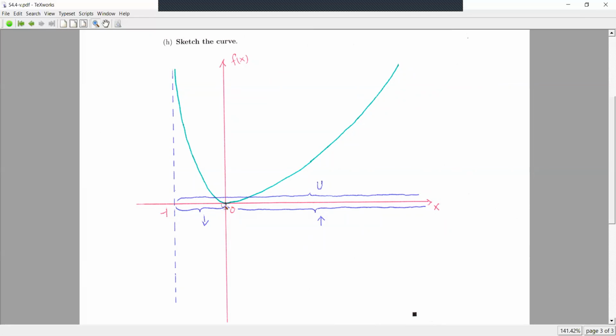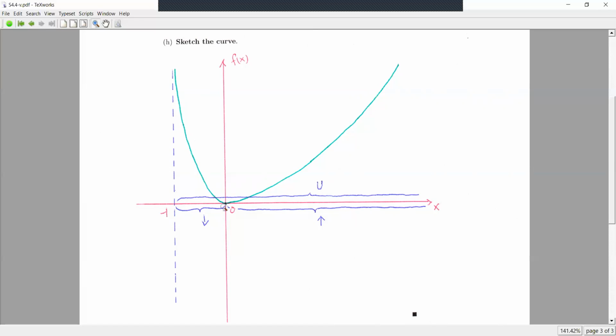Okay, now sketch the graph of the function f piece by piece. First, from -1 to 0, the graph is concave up and decreasing. And also, this vertical line is a vertical asymptote. So the graph looks like this.